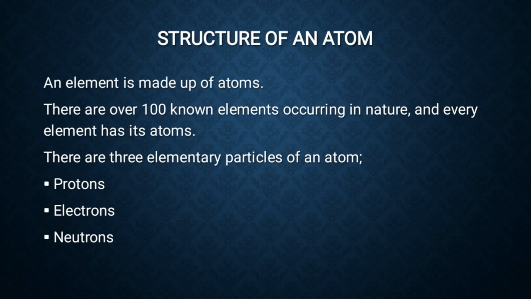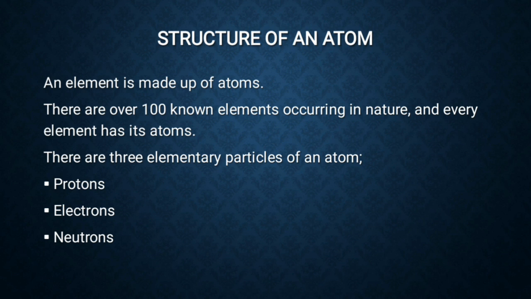So now we are going to see a little note just before we use the PhET simulation. An element is made up of atoms. There are over 100 known elements occurring in nature, and every element has its own atoms. We've seen examples of gold and silver. Both are elements and they have their atoms.